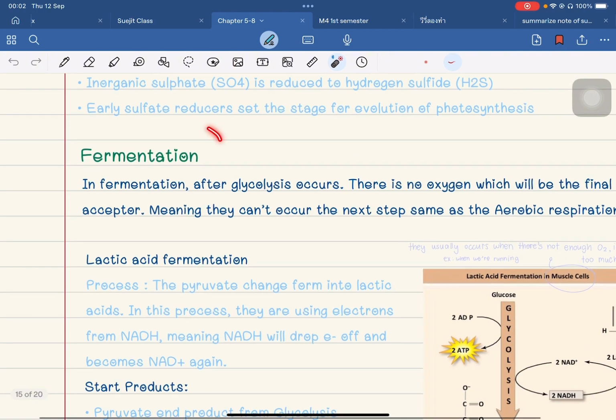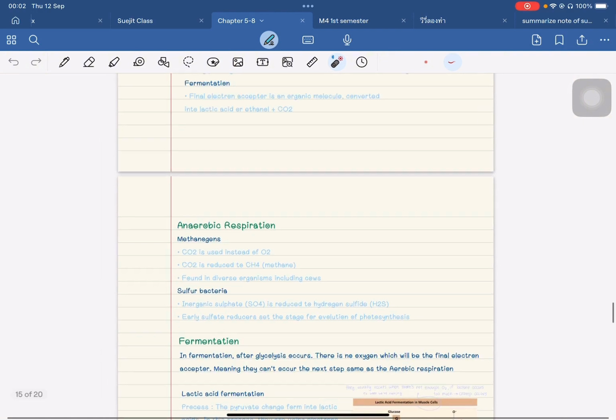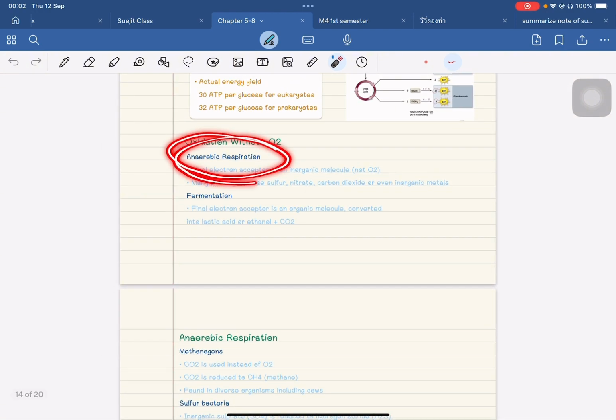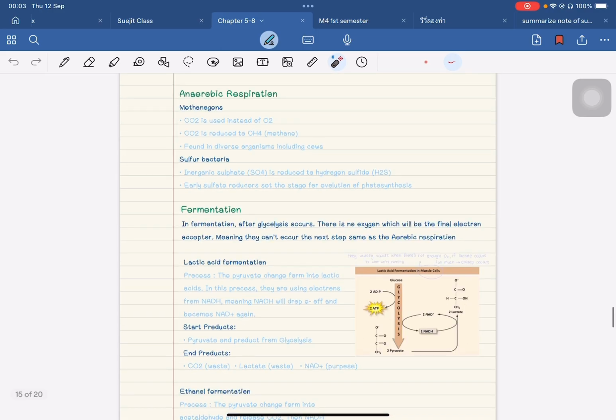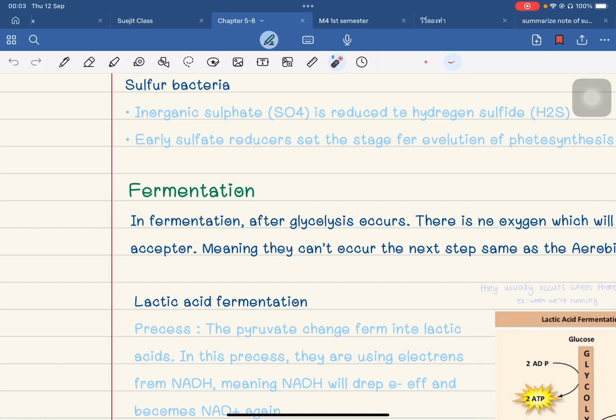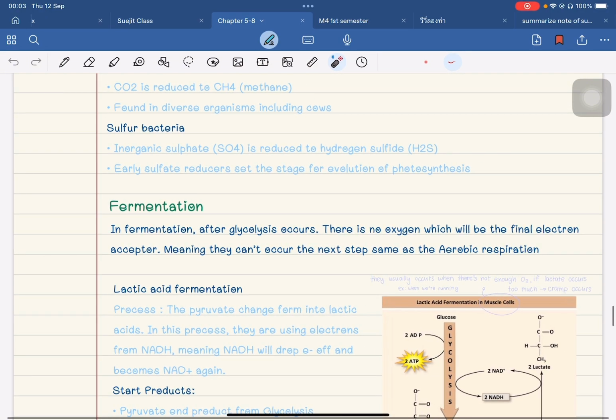Next topic is fermentation. After we have finished this one, the last part of cellular respiration is fermentation, which is what we're gonna learn. In fermentation, after glycolysis occurs, there's no oxygen, which is the final electron acceptor, right?